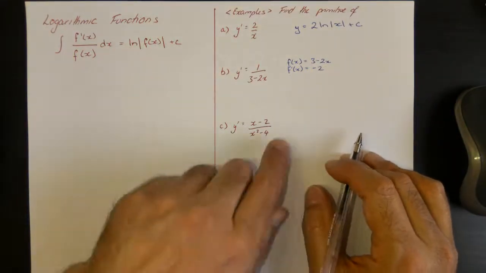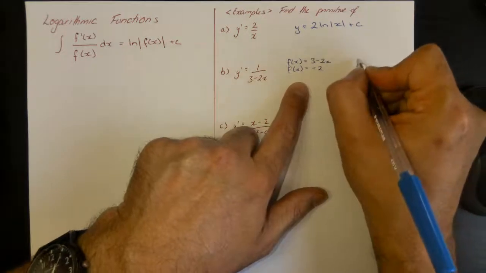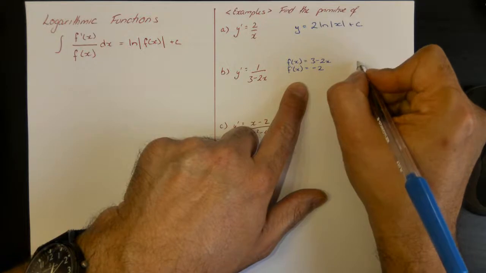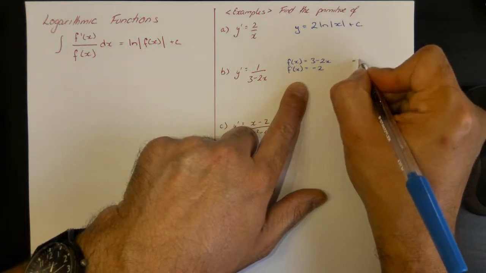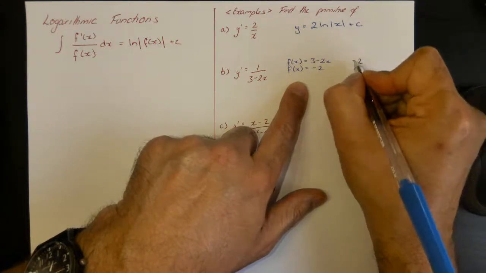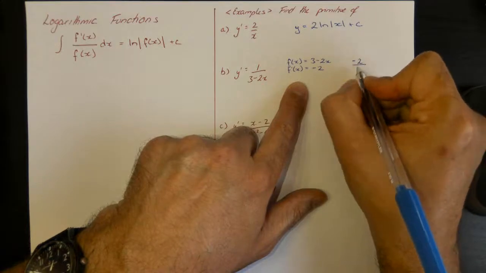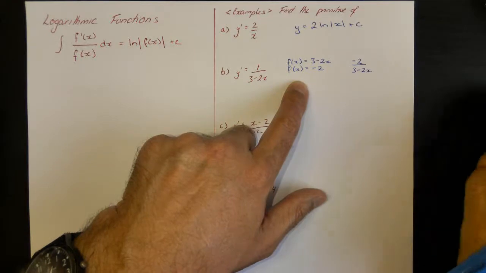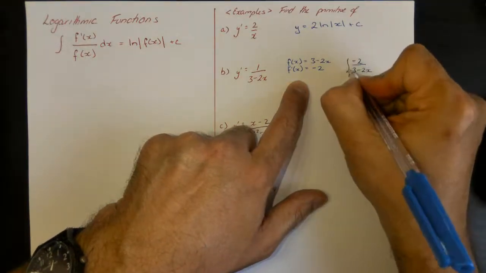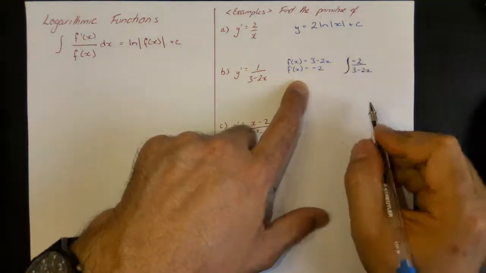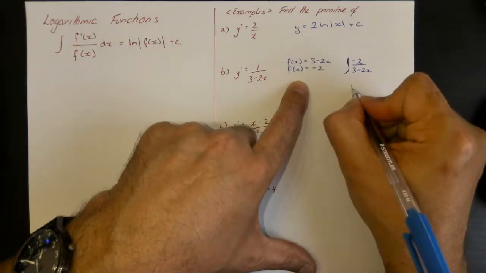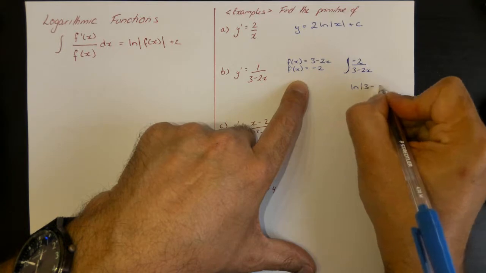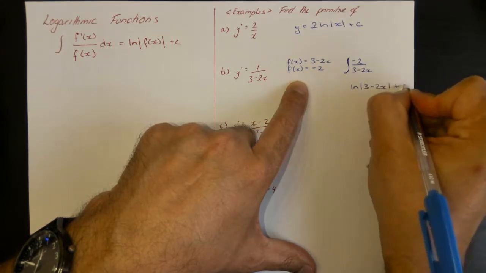So what I really need is something like negative 2 on 3 minus 2x, to give me something like log of 3 minus 2x plus c.